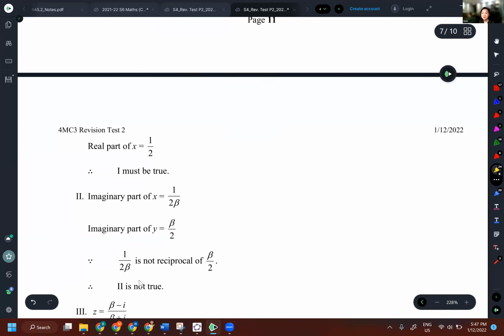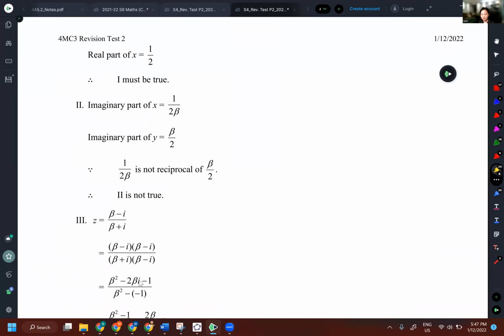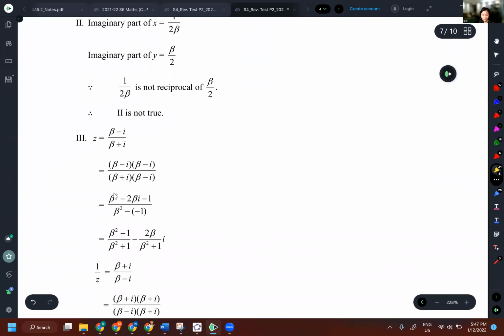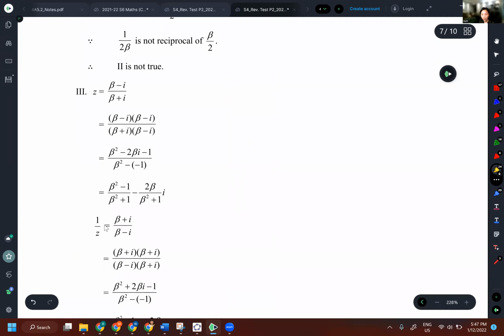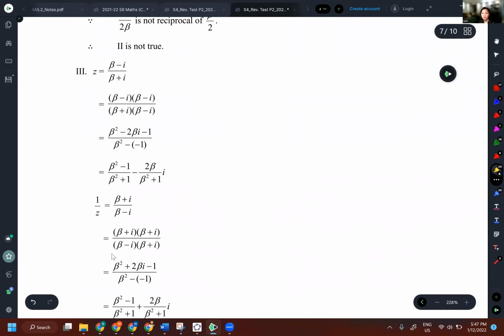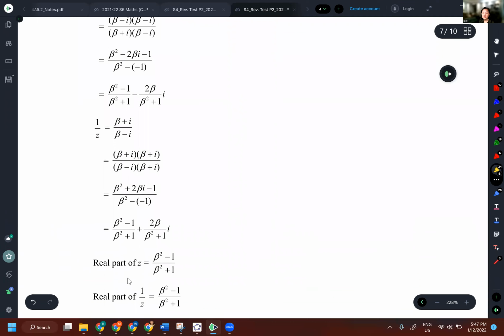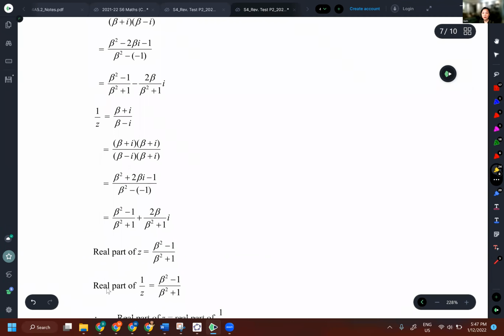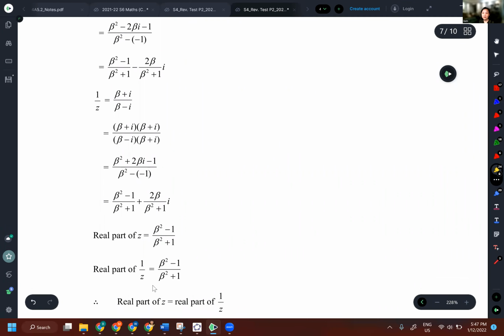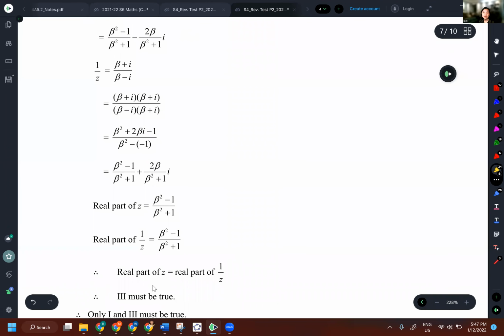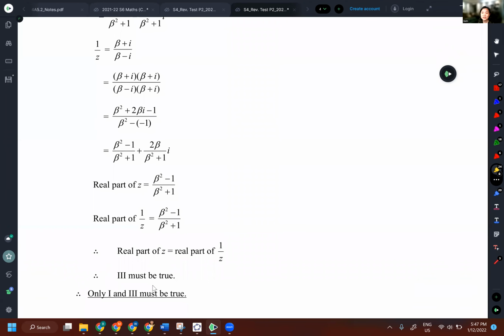So the second statement is not true. For the last one, you have to simplify z. And to simplify z, you must multiply the conjugate. And then you just have to calculate with beta in it. And for 1 over z as well, also multiply the conjugate and do all that. And you will see that the real part of z and the real part of 1 over z are equal. Therefore, the third statement is true.